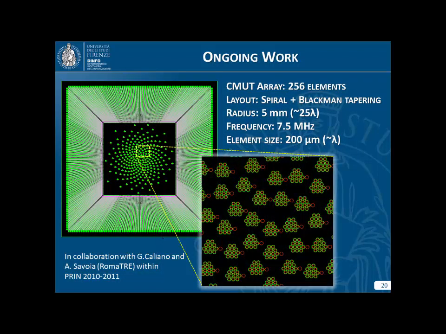And since now we have one system that is 256 channels, we also started at the same time the design of a small matrix array. I say small because it is 256 elements, but that's a sparse array using a spiral layout, also based on CMUT technology, and this work has been carried out in collaboration with the group of Roma 3.